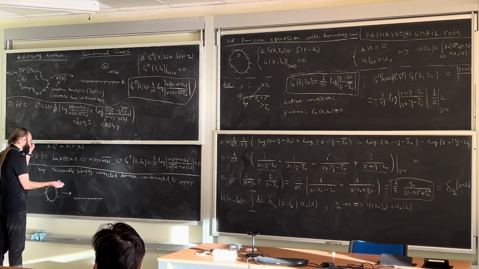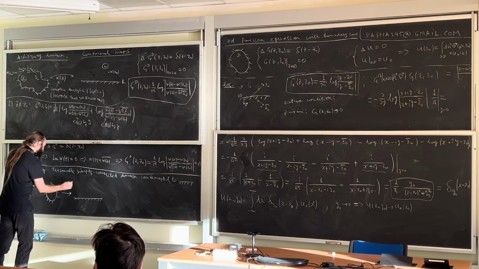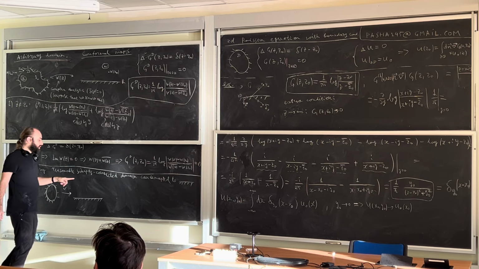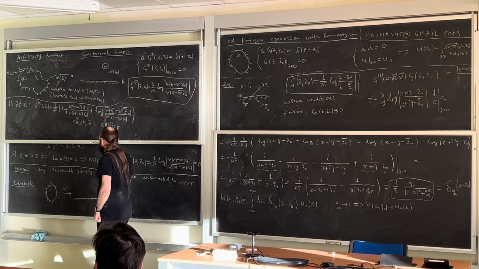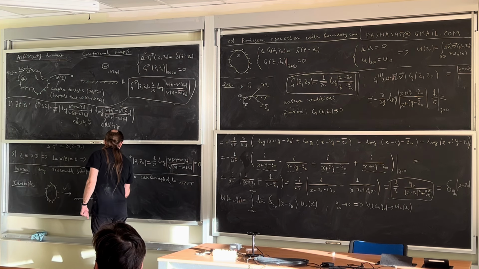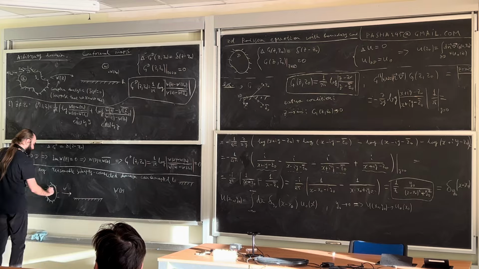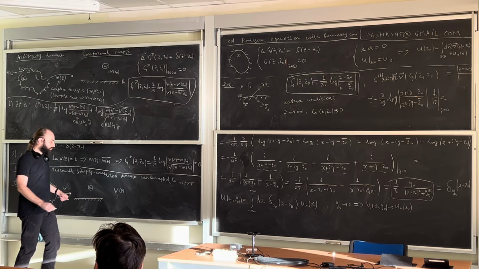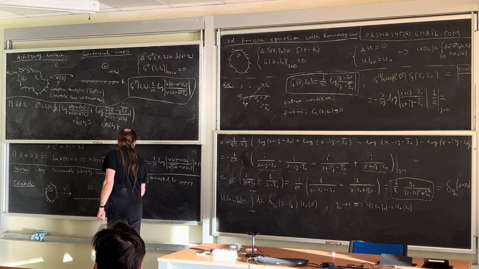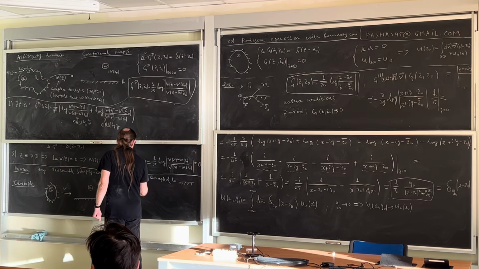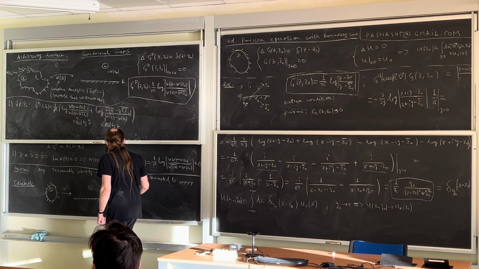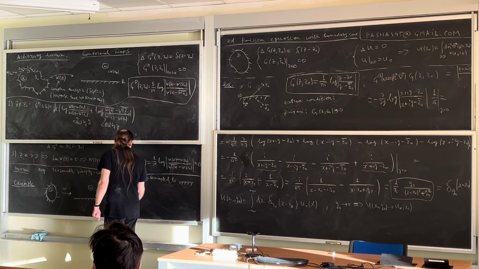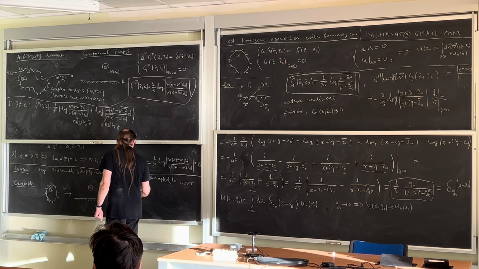My guess is that this map can be written as a fractional linear transformation. This is Z, this is W: W equals (aZ + b) over (cZ + d).